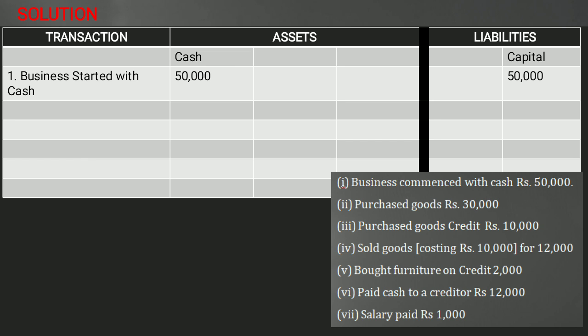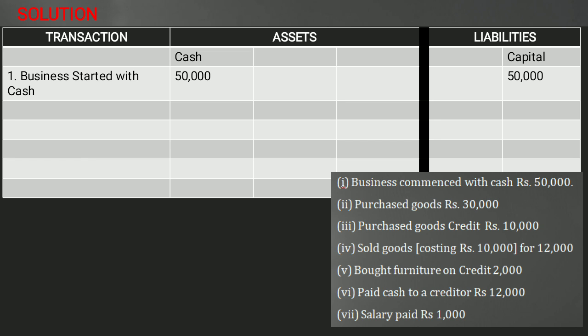So now we have started our business with cash, so on the asset side our cash will increase by 50,000, and similarly there will be capital worth rupees 50,000. So now you can check the effect of the first transaction. Business started with cash rupees 50,000, that is part of cash, and similarly we have capital worth rupees 50,000. So the total of assets is equal to the total of capital, that is, of liability.